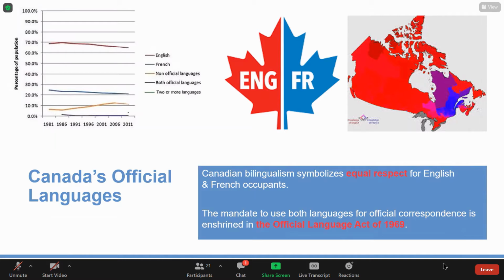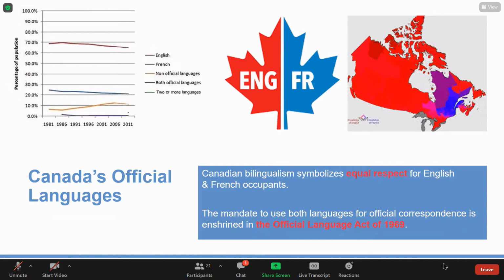All right. However, let's refresh the memory. As Mustafa was mentioning, this is on the federal level, and then each province has its own official language. For example, in British Columbia, it's English. If you go to Quebec, it's French. There's only one province that has bilingual official languages.